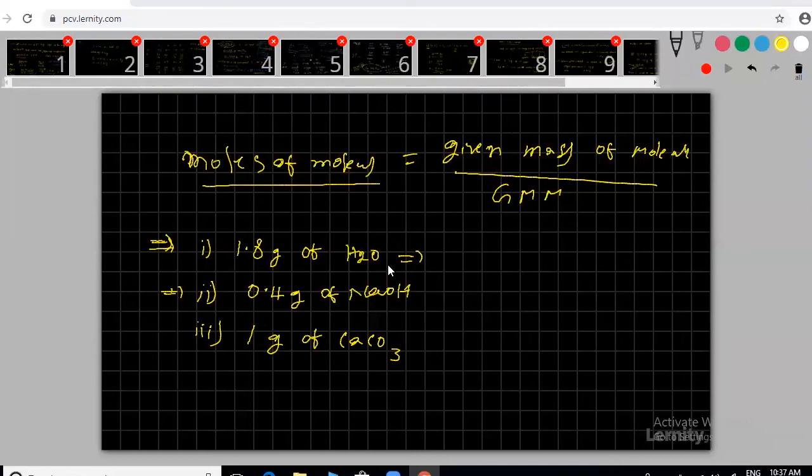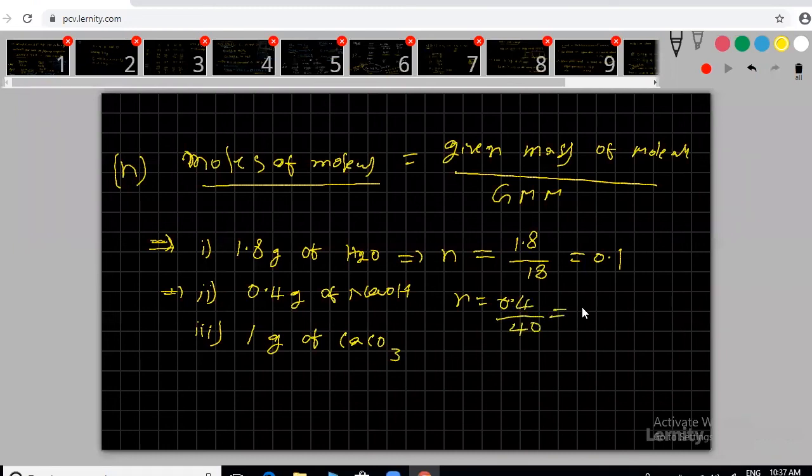Very good. Some people have already given answers, sir. The same number of moles formula is above. The symbol for number of moles is small n. Keep in mind, small n is the number of moles symbol. Given mass is 1.8 divided by the weight of water, 18. You will get 0.1 moles. Now here, n equals 0.4 divided by molecular mass of NaOH, which is 40.